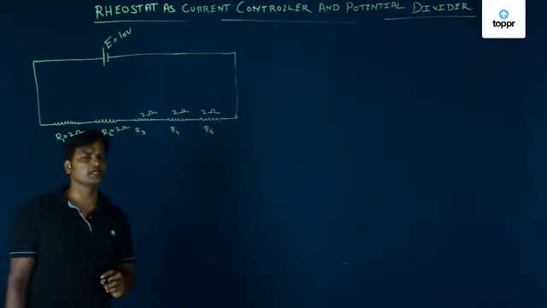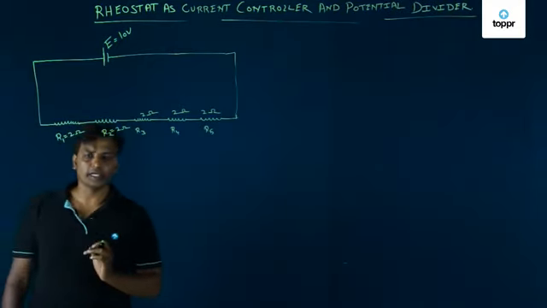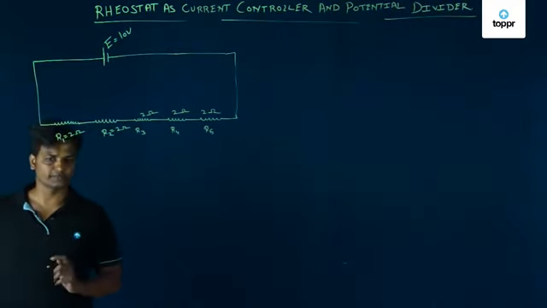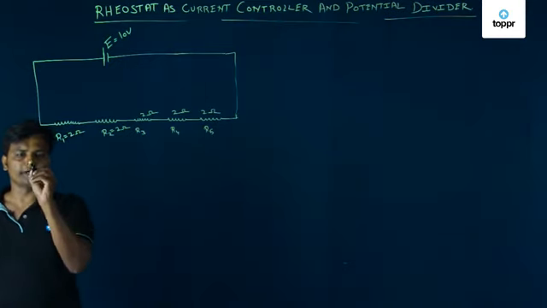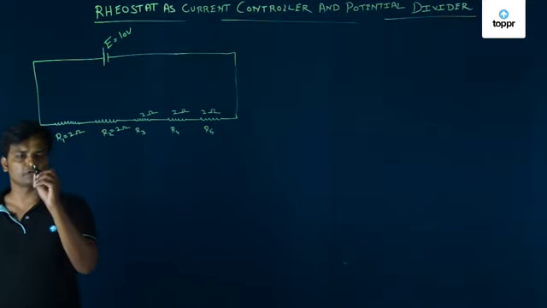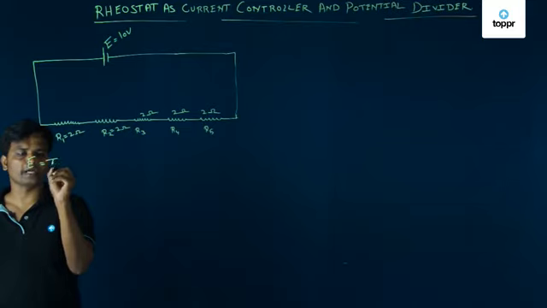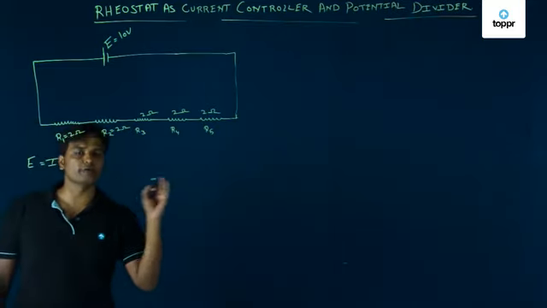In this particular case, if the resistance is 2 ohm, what would be the current which is flowing inside the circuit? So, according to Ohm's law, V is equal to I into R. In this particular case, what is the potential difference across the battery? E is equal to I into the total equivalent resistance.